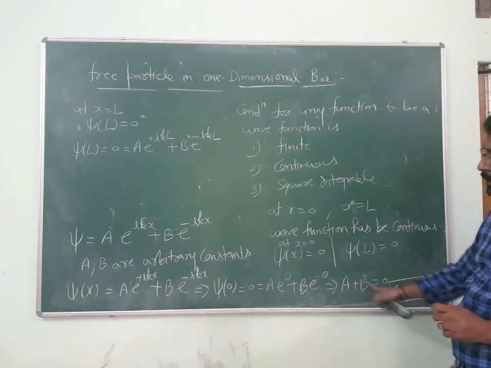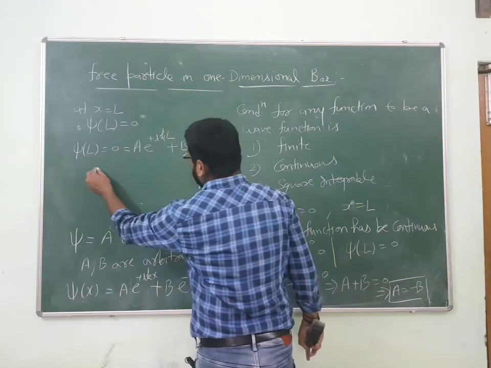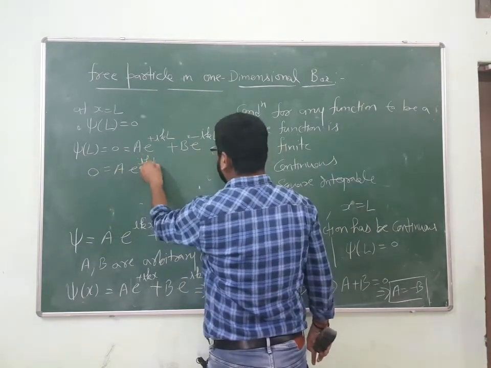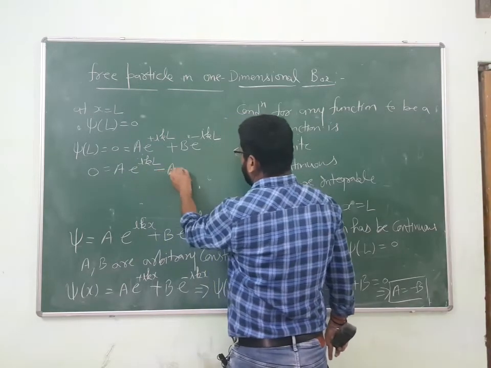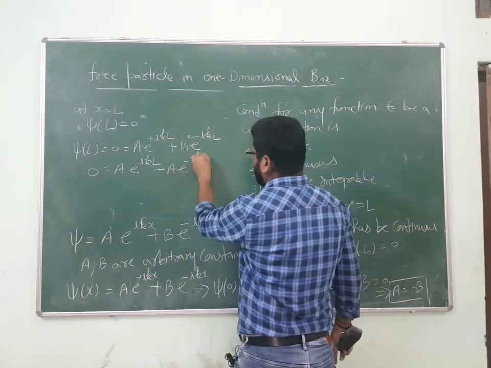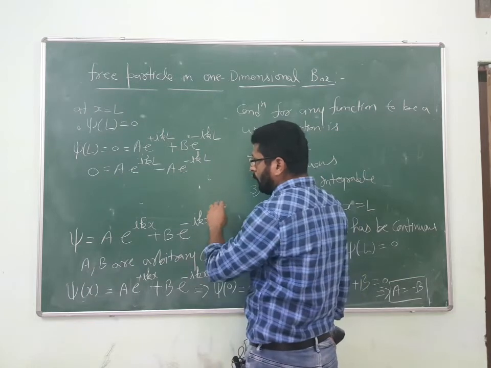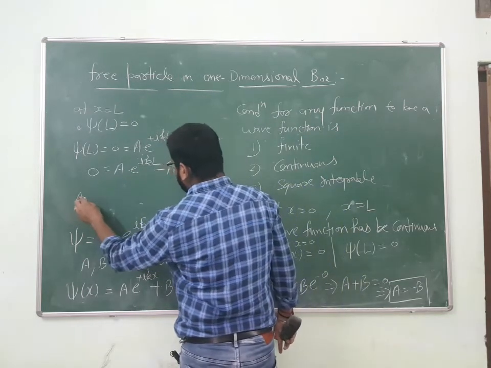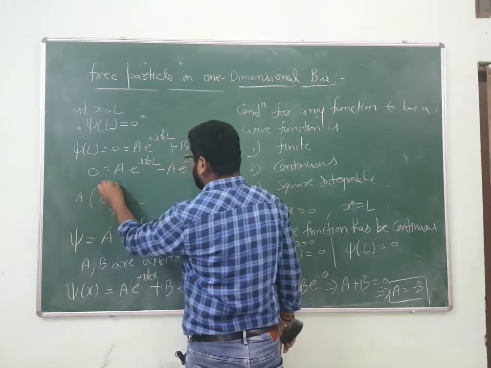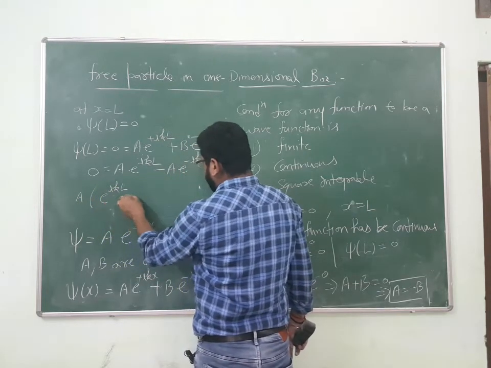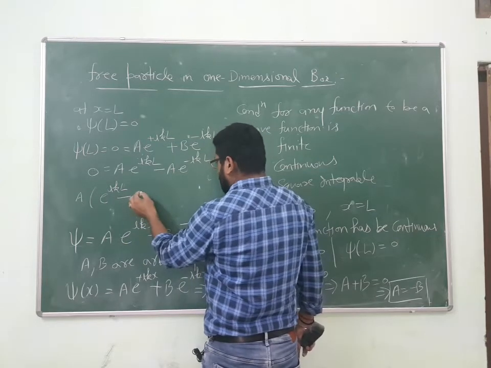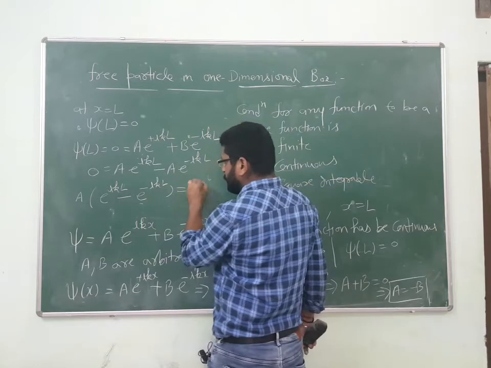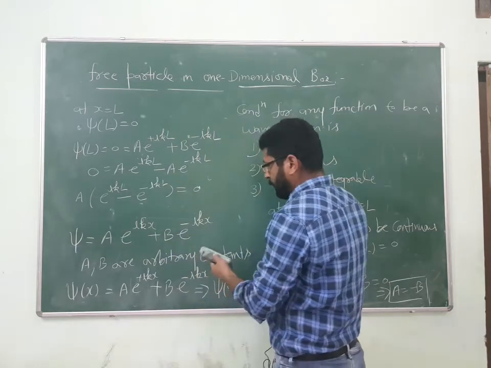If we replace that in this equation, it will become a exponential iota kL minus a exponential minus iota kL, or we can take a outside, this will become a times exponential iota kL minus exponential minus iota kL is equal to 0.